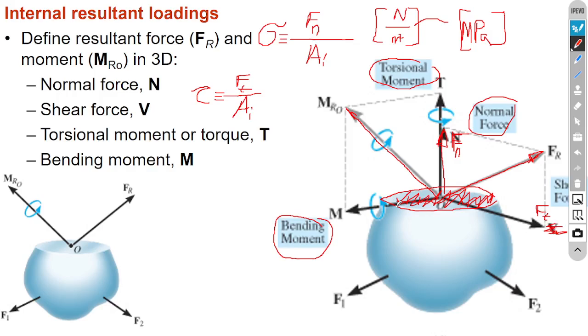If we use the true size of the area under the action of the loading, not the unloaded size of the area, but we substitute the existing area while the body is still under the action of the loading, then the stress is called true stress.